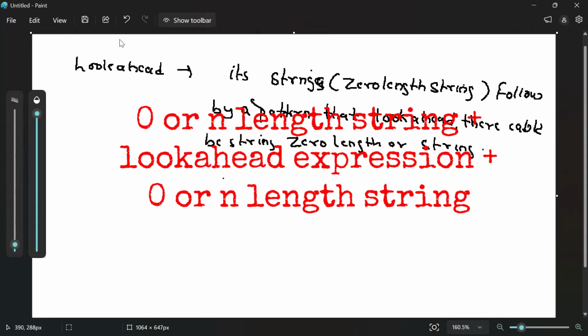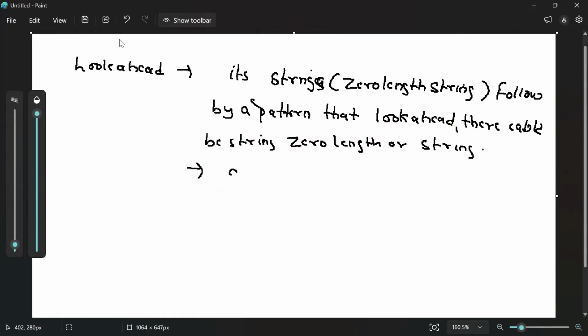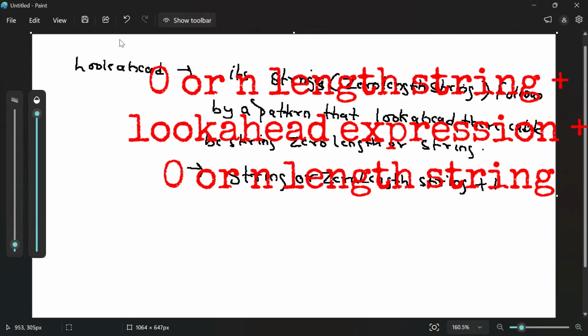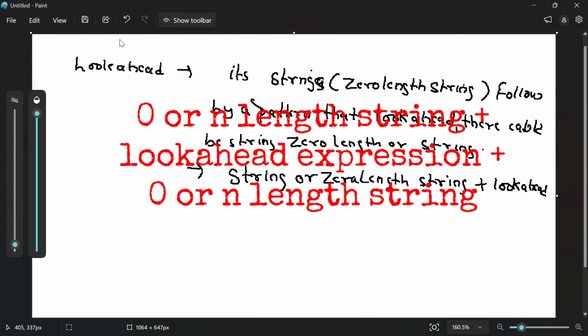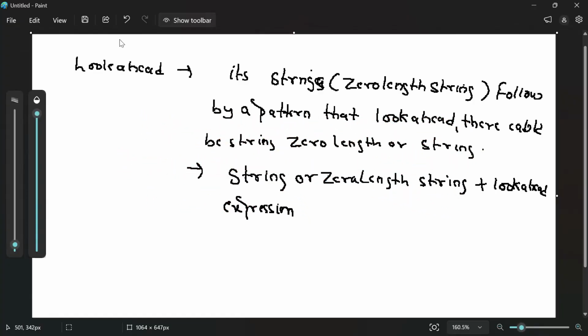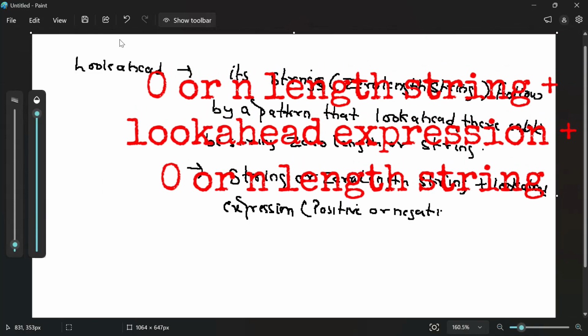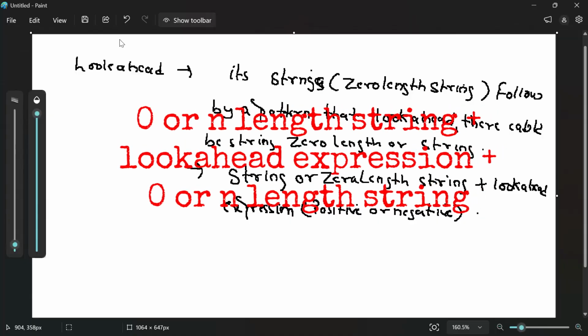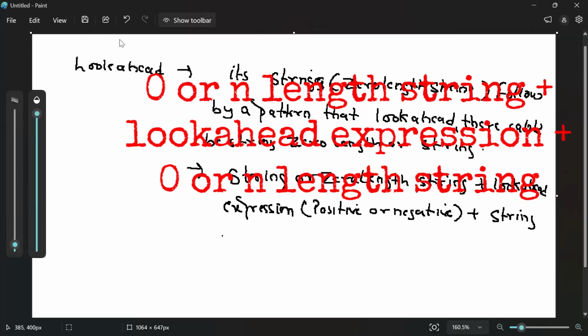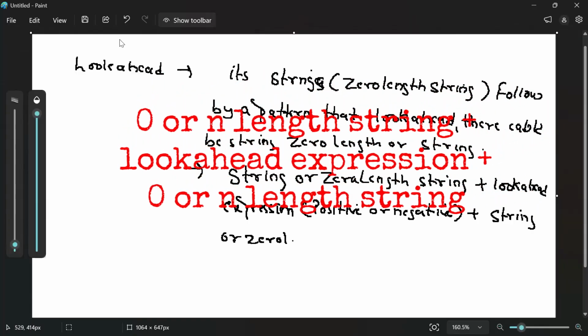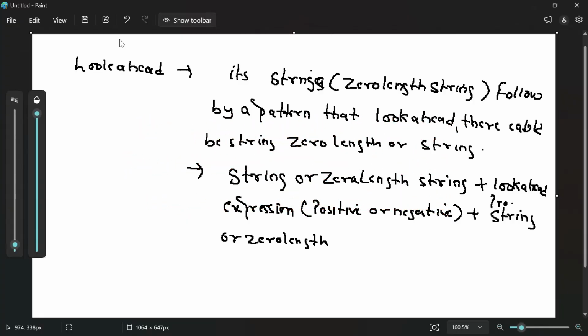So that means if I have to explain, we have a string or zero length string, plus a look ahead expression, positive or negative, plus again a string, zero length string, proper string, or zero length string.